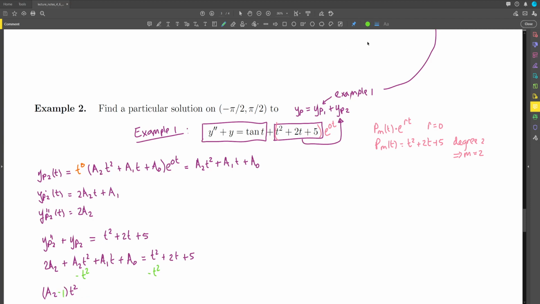Then let's subtract 2t from both sides, and what we get is plus a1 minus 2 times t.